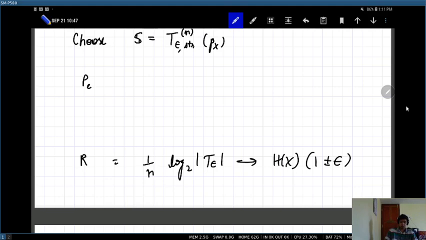So it's in this range between H(X) into 1 minus epsilon and H(X) into 1 plus epsilon, but epsilon is arbitrary, so you can choose it as small as you want.